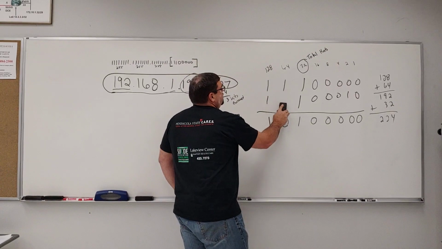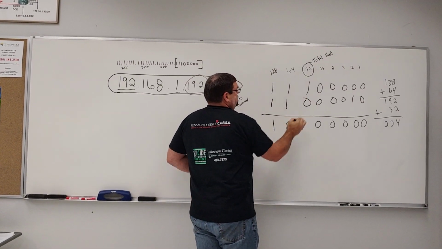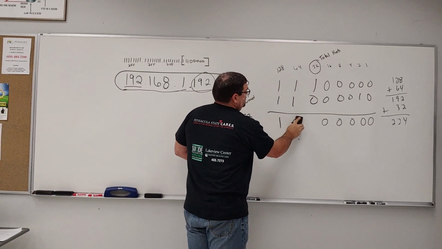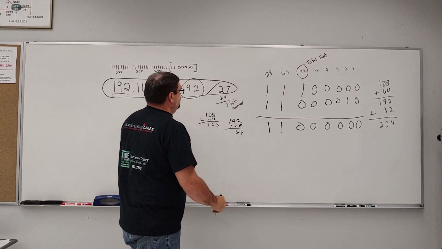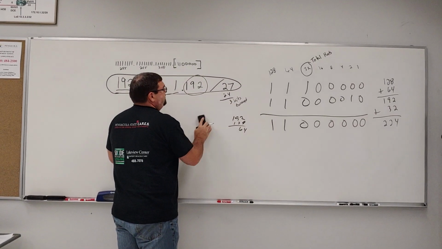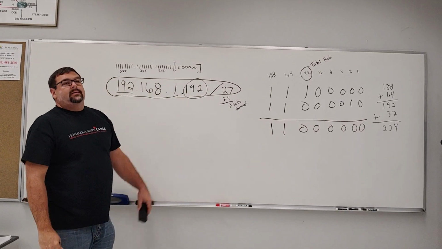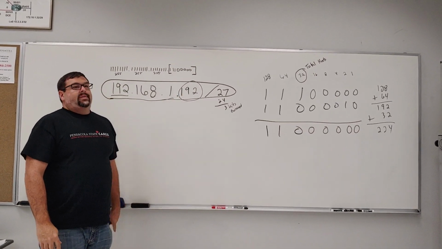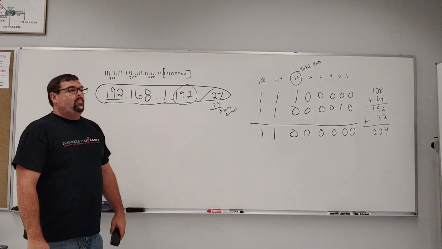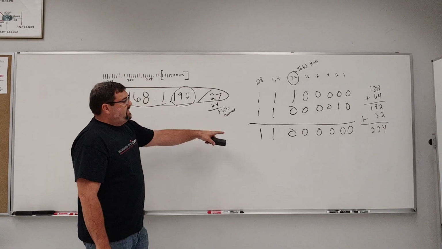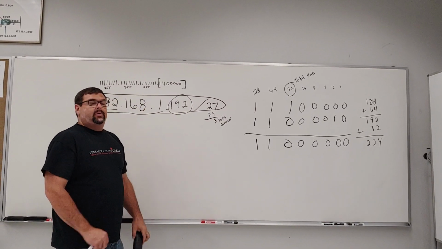So now it looks like that. So what is 128 plus 64? It's 192. So now I know that, guess what? That's the network address for my network, because 192 comes out with the ANDing equals 192. So now I know that's my network address.